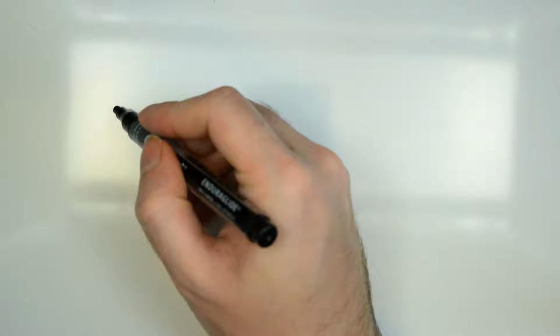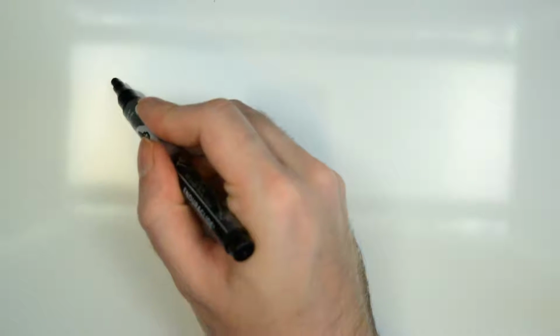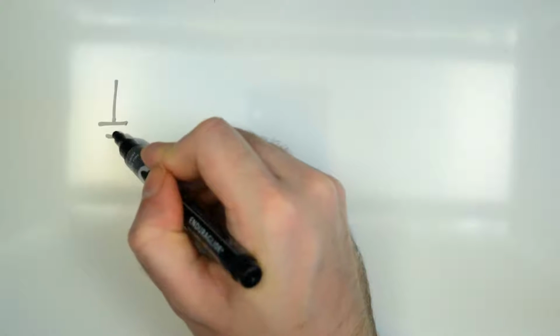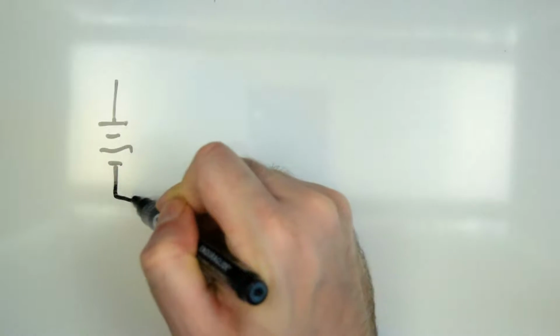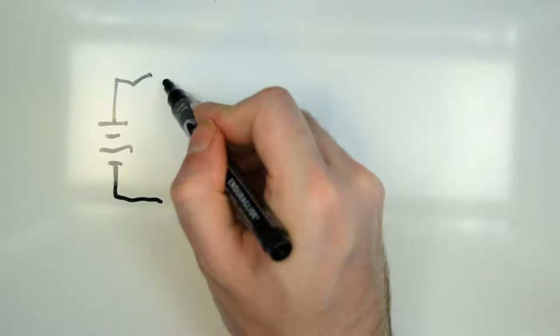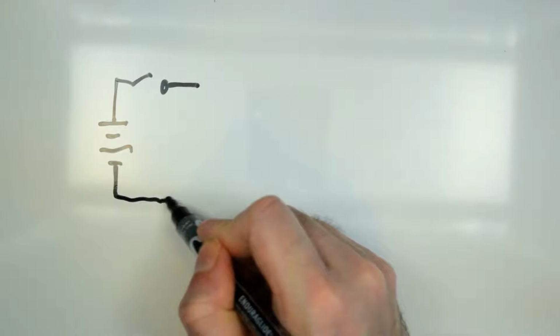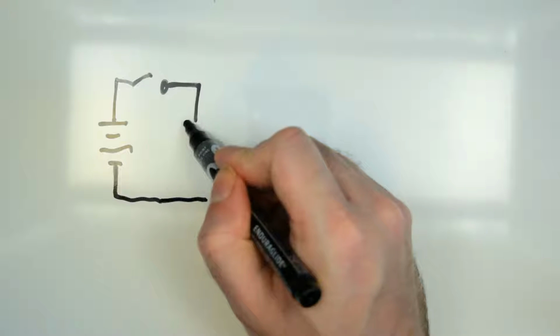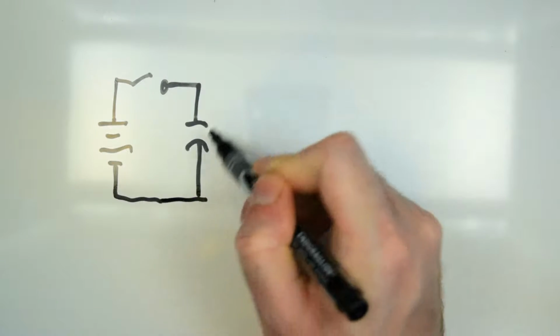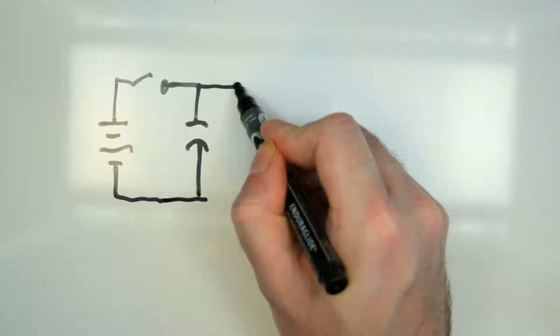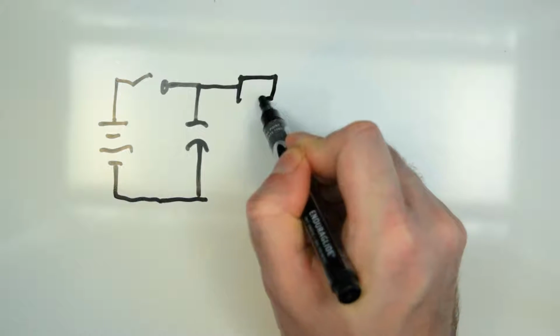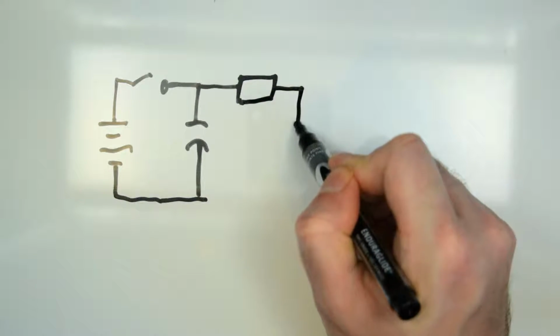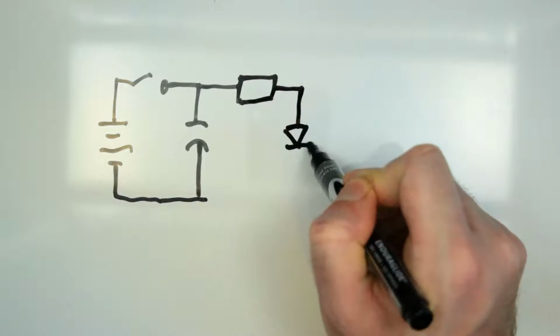So I'm just going to quickly bash out a reasonably simple circuit here. So we'll make a battery here, and we'll put a switch there, and we'll put a nice electrolytic capacitor here, and then a current limiting resistor, and then an LED.